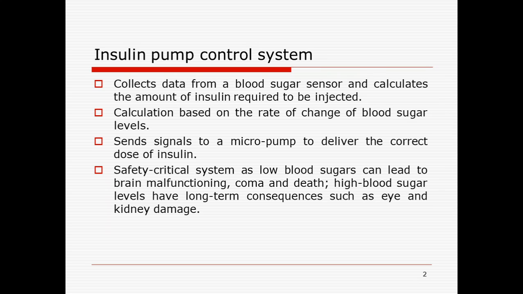Now this particular device has a pump attached to it and some microsensors attached to the person. The microsensor senses different parameters of the blood glucose and passes the information to a controller.